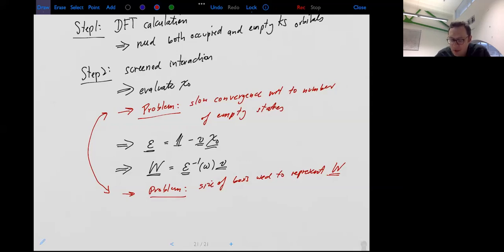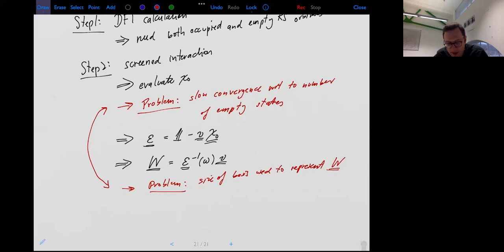But the issue is, had they used a bigger basis size, then they would have needed more empty states to converge. And so they basically think they are converged, but in fact they aren't. And then they get incorrect numbers out of their calculation. So you need to be quite careful here.